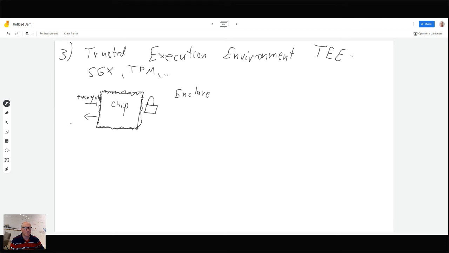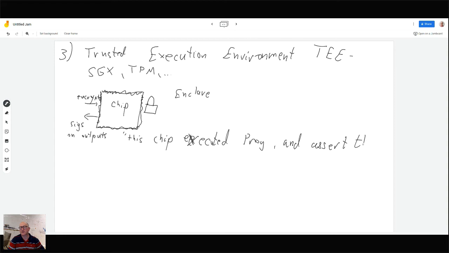And then there are signatures on outputs, basically, that say this chip executed the program and asserts this is the output, or let's call it S1.